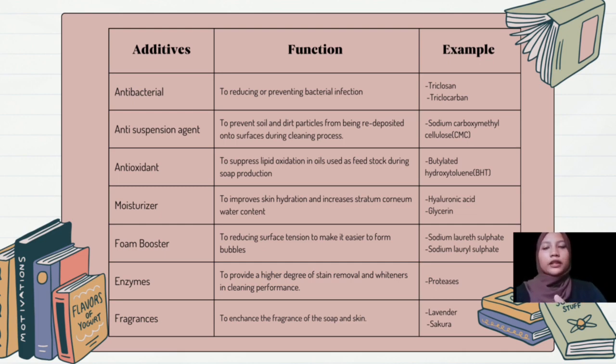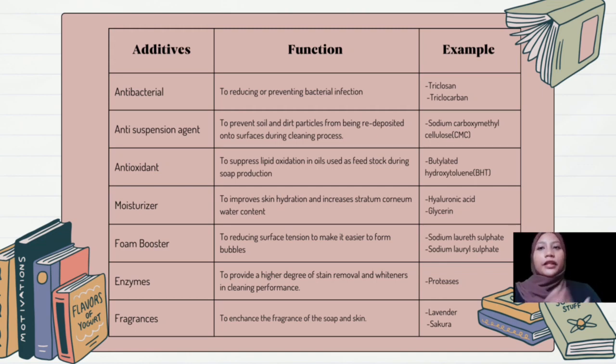Next, foam booster is to reduce surface tension to make it easier to form bubbles. Examples are sodium laureth sulfate and sodium lauryl sulfate. Now, enzyme is to provide a higher degree of stain removal and whiteness in cleaning performance. The example is protease.